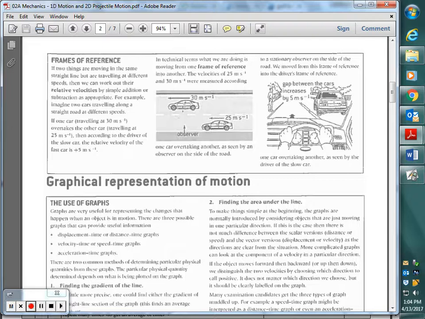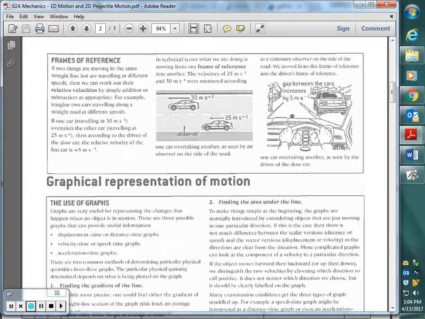If you ask the guy in the car on the top what this car is doing, he would say it's moving backwards. Does that make sense? If you ask the guy in this car what this car is doing, it's moving forward.